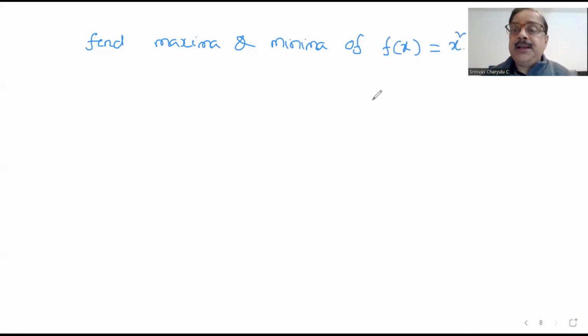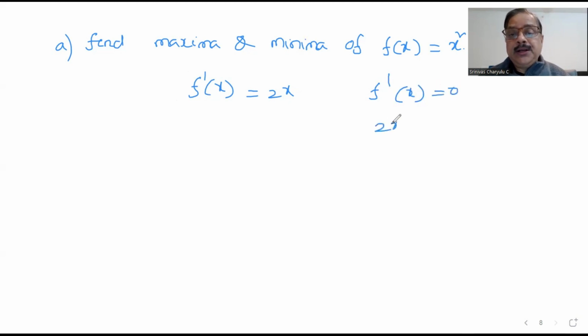Let us say one sum I have taken up now. In this, directly I will do by a substitution. f dash x is equal to 2x. Now f dash x is equal to 0. You equate 2x is equal to 0, x is equal to 0. That means the function has a critical point at 0. Here x belongs to real numbers.